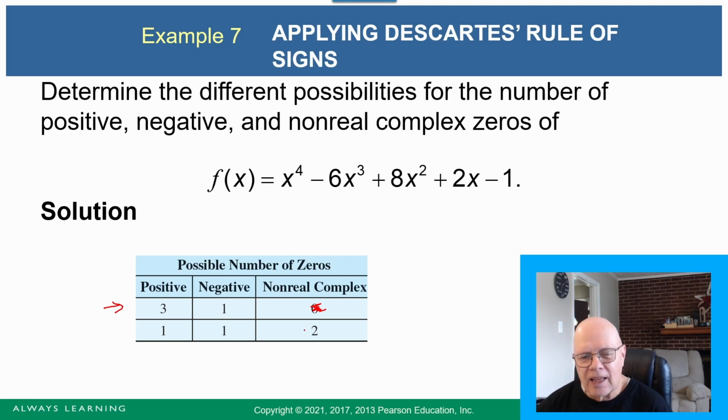And of course, isn't that what you'd expect? Because the non-real complexes, the ones like 6 minus 5i, they come in pairs. Remember, complex conjugates? So you'd expect an even number to be here. That's why when you subtracted 2 from 3, you got a 1. You skip the 2 because it's going to differ by 2. Because if there are any non-real ones, they're going to come in pairs.